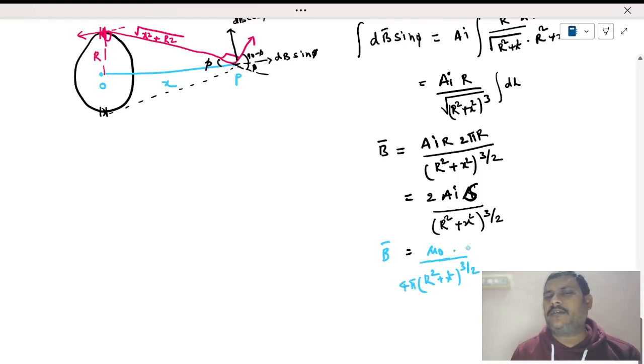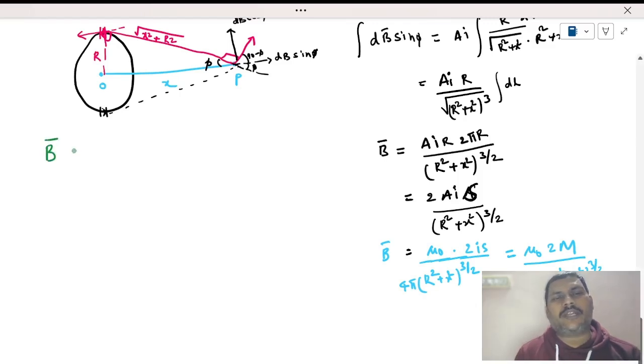So that implies mu naught into 2m by 4 pi into r square plus x square whole power 3 by 2. Therefore the field due to a ring at any point x from the center is mu naught into 2m, where m is the magnetic moment. According to Sommerfeld, the magnetic moment due to current carrying wires is NIA.